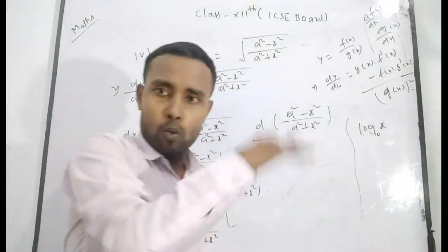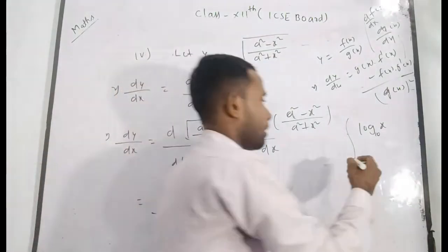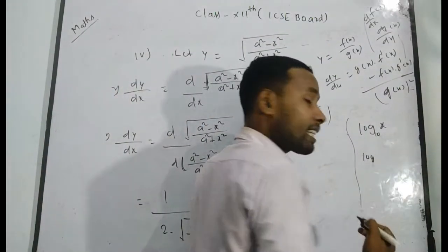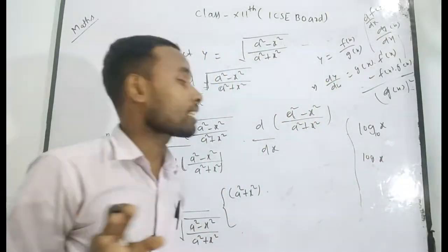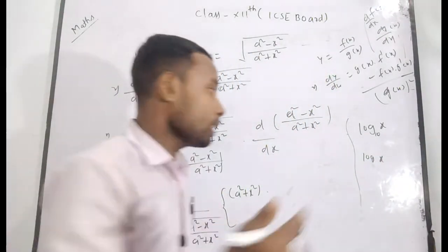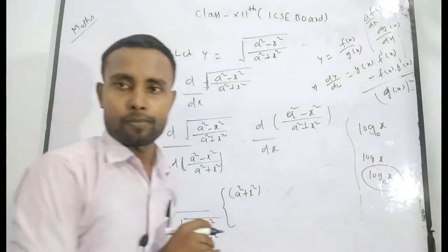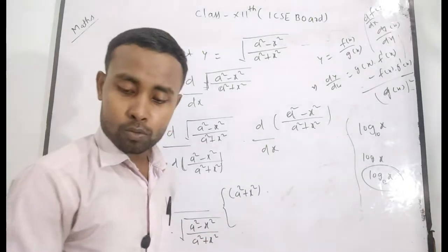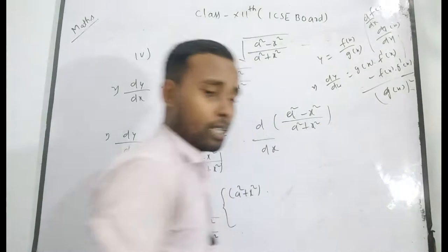But in the calculus chapters in class 12, if the base is not mentioned, you should always understand yourself that the base is e. Have you understood? Be careful about it, because there are many students who get confused while solving problems.